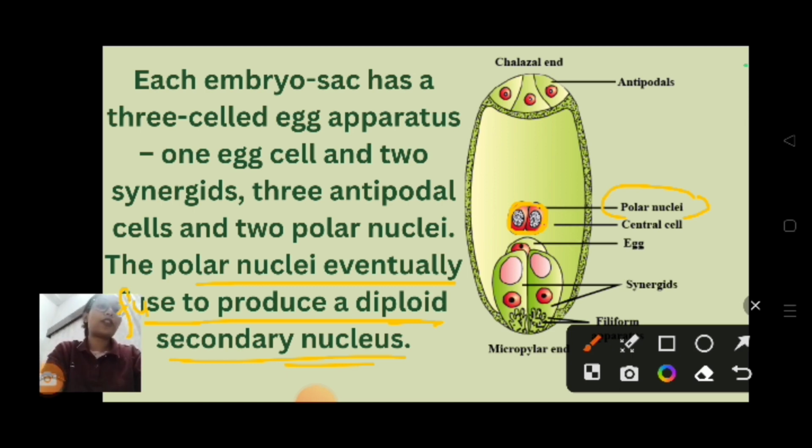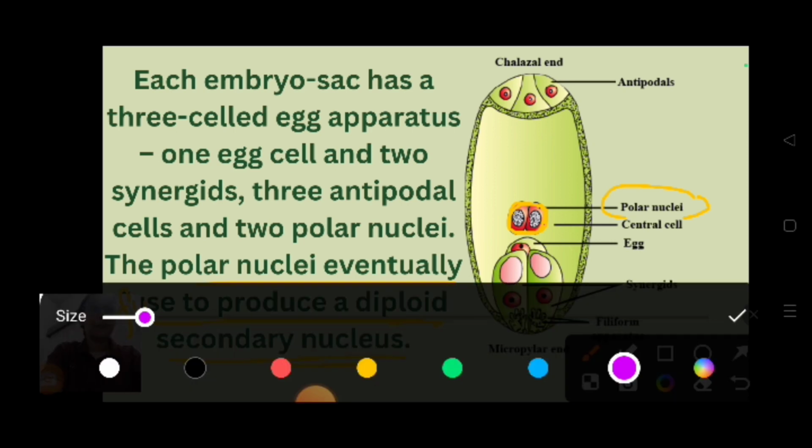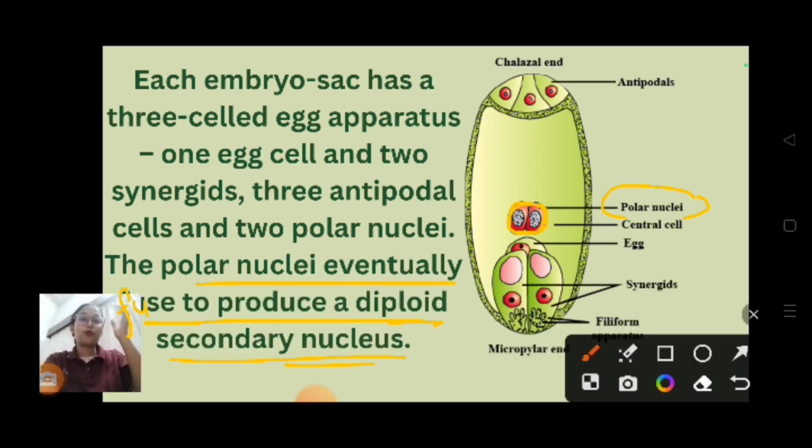So generally what happens in this case is that the 2 sperms, the 2 male gametes, come through the pollen tube. One male gamete will fuse with the egg cell, and one male gamete will fuse with the polar nuclei.